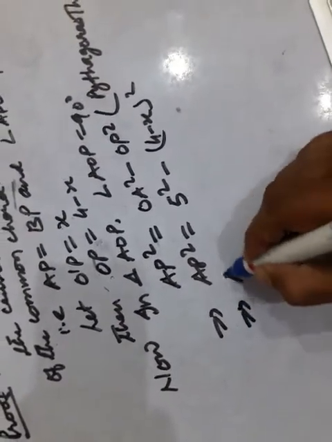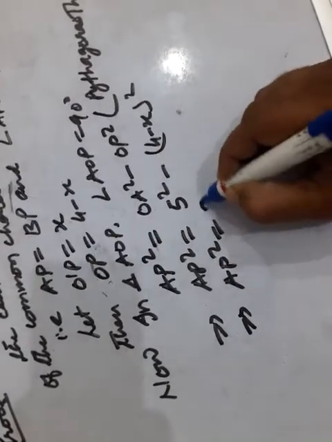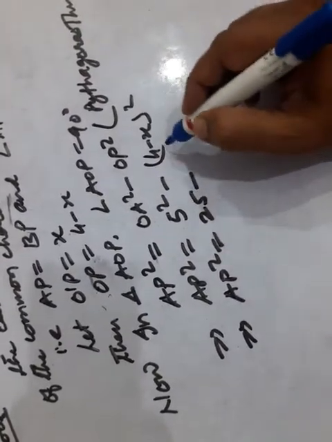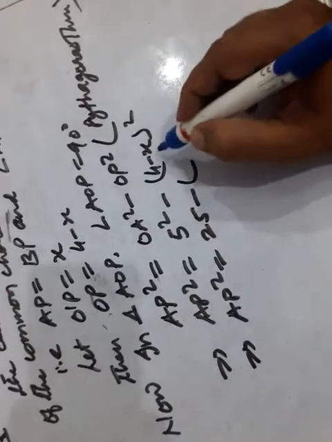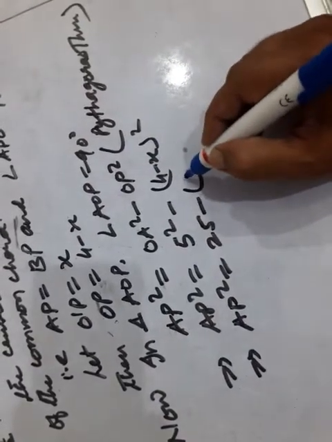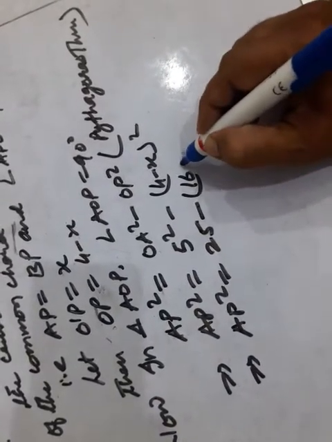This implies that AP square equals 5 square, that is 25, minus (4 minus x) square, that is 16 plus x square minus 8x.